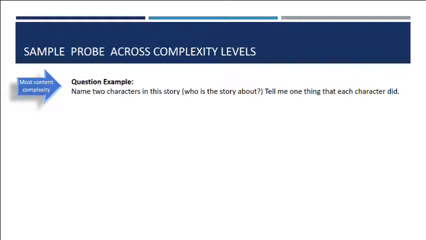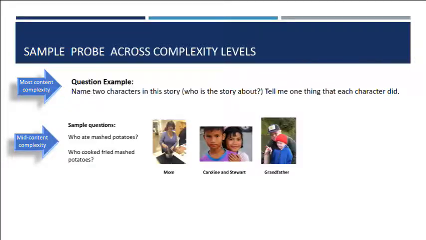So here are the probes I pointed out before. At the most complex level, it's just a question. We are looking probably for a verbal response, or we could have pictures or objects in front of the student, but they're really basing their information on processing the text. At the mid-complex level, we're using a lot of pictures, visuals, and manipulative supports, and we're going to give them the event, and they really have to connect to the character, and we're also trying to probe that in 2 different ways.